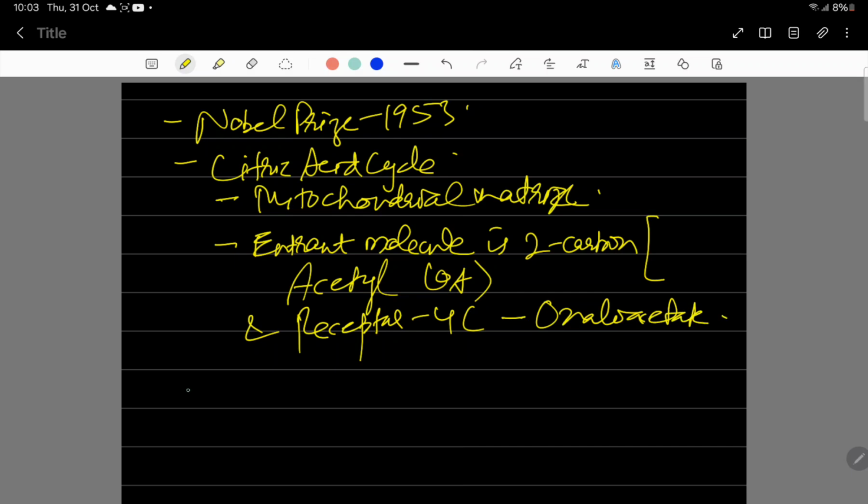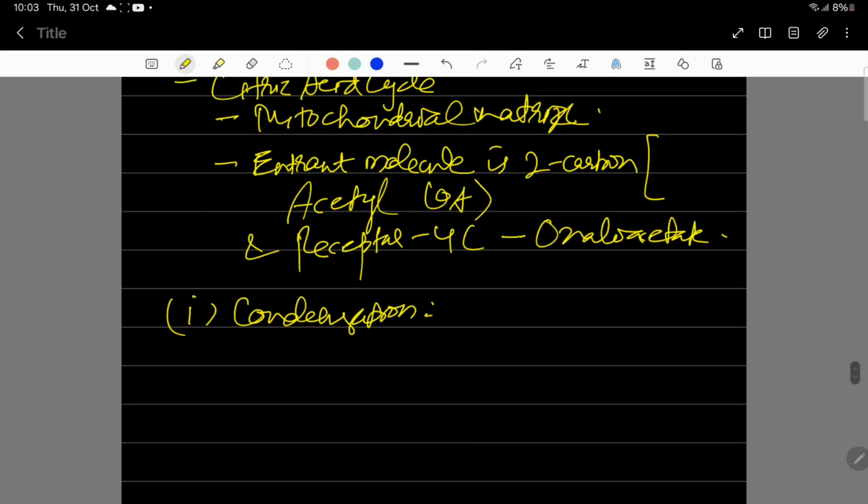The first step is condensation. Acetyl coenzyme A reacts in the presence of water with the oxaloacetate normally present in the cell, forming 6 carbon citrate and freeing coenzyme A for use in pyruvate oxidation.